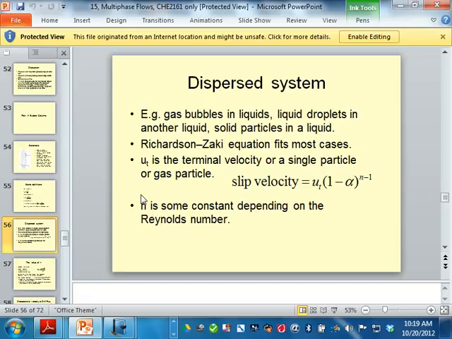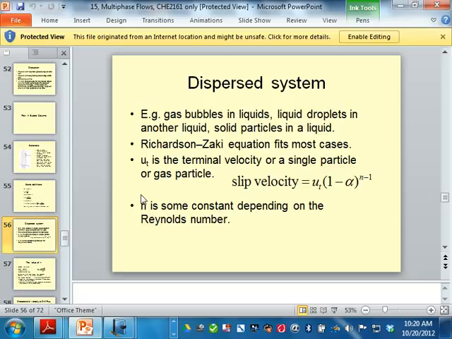Alpha, what is alpha again? Alpha is the void fraction, isn't it? If the void fraction is close to 0, that means all liquid.